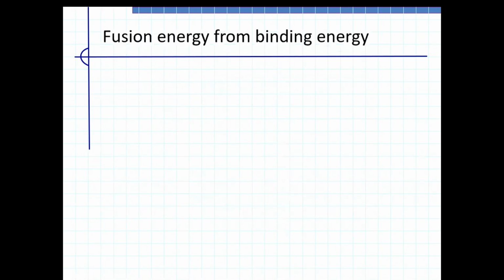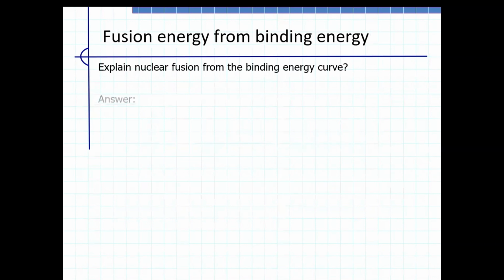Fusion energy from binding energy. People ask how to find out the nuclear fusion energy and how it is explainable with the help of the binding energy curve.